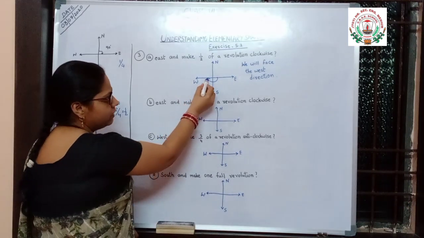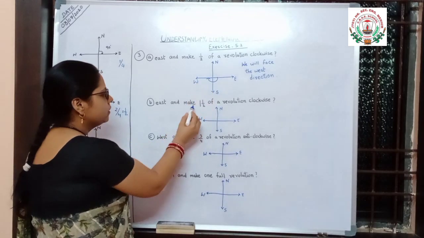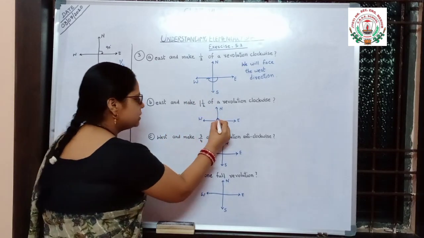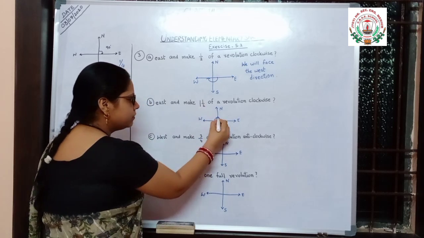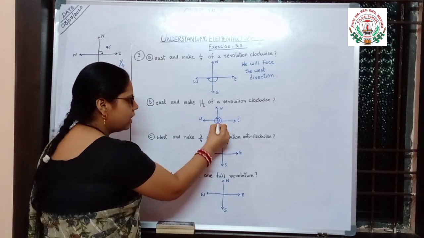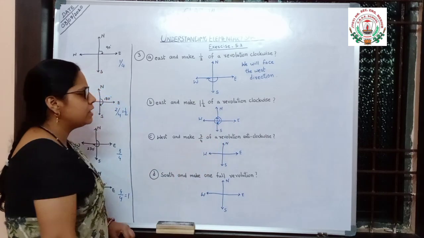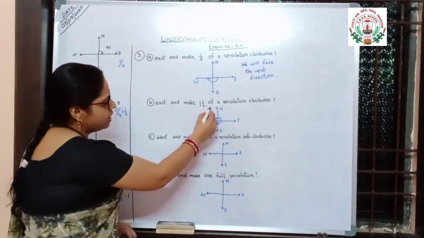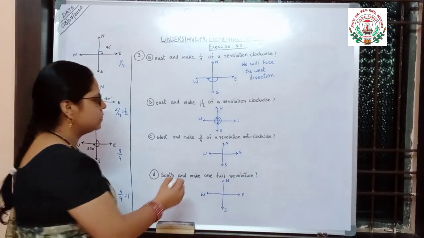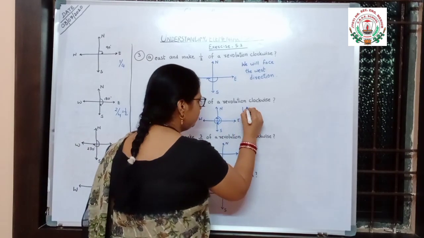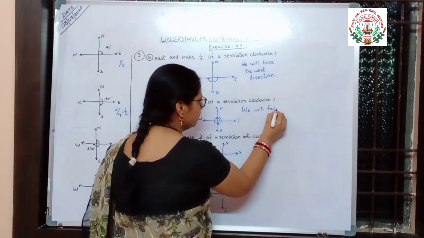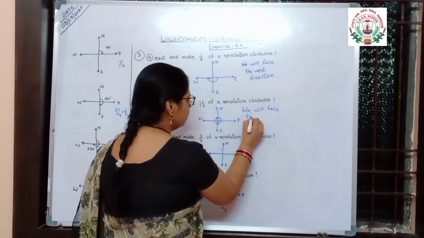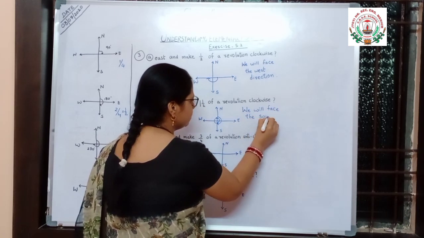So for that we have made an arrow here. 1 full means this is the 1 full. And after that again half. Now which direction are you facing? We are now facing the south direction.